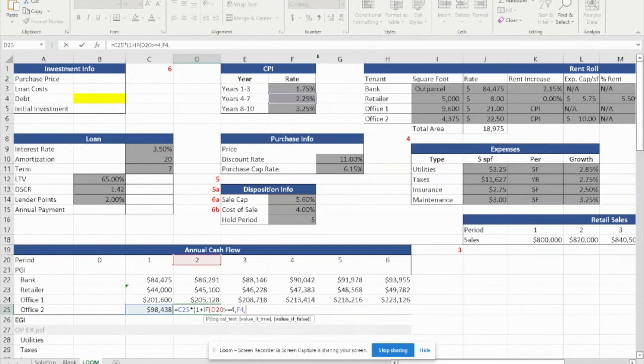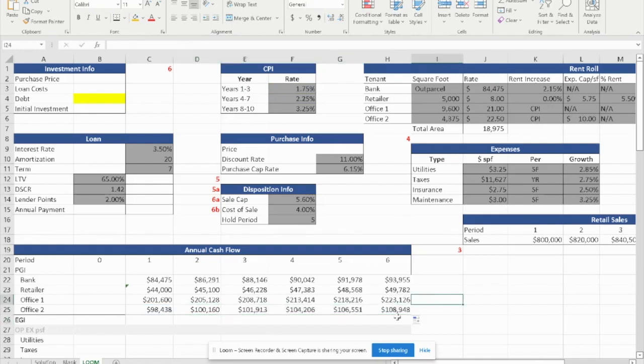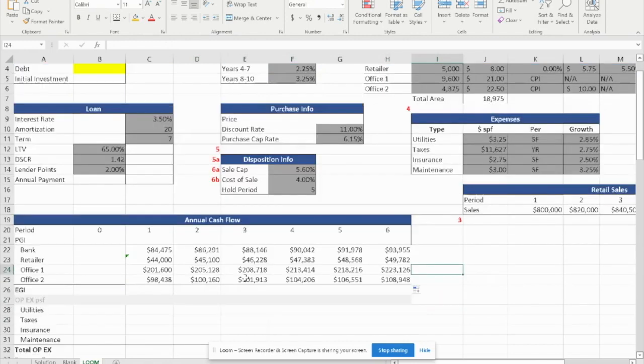If not, comma means if not, then increase it by this amount. And you close the parentheses. We're going to close it twice because there are 2 parentheses in here. We're going to always go back and anchor the growth rate for F1 and F3, and we should be able to drag it across to get the PGI for Office 2 for year 6.